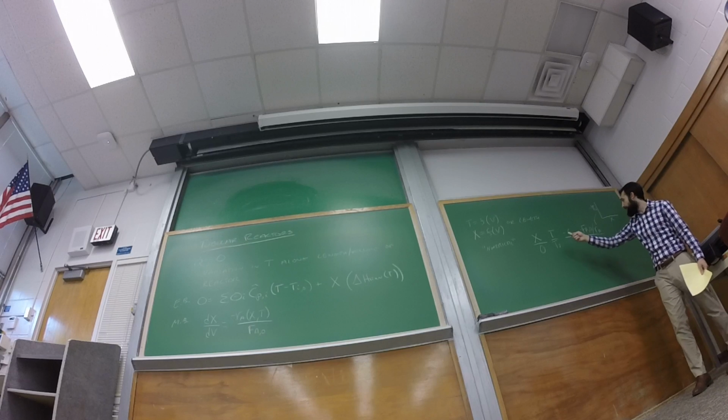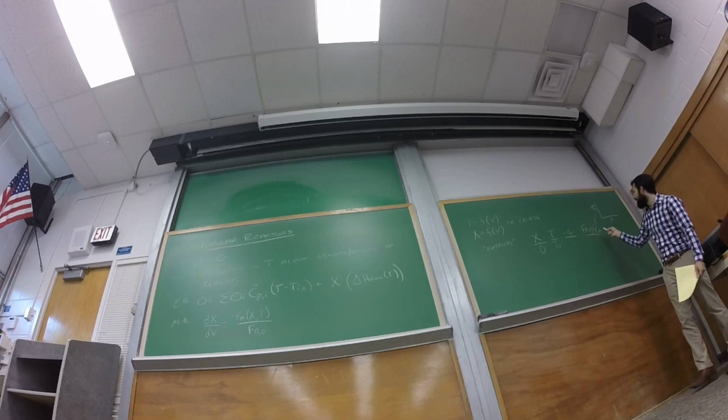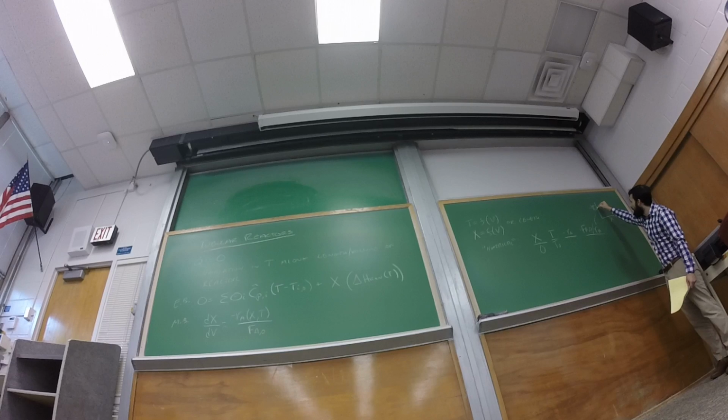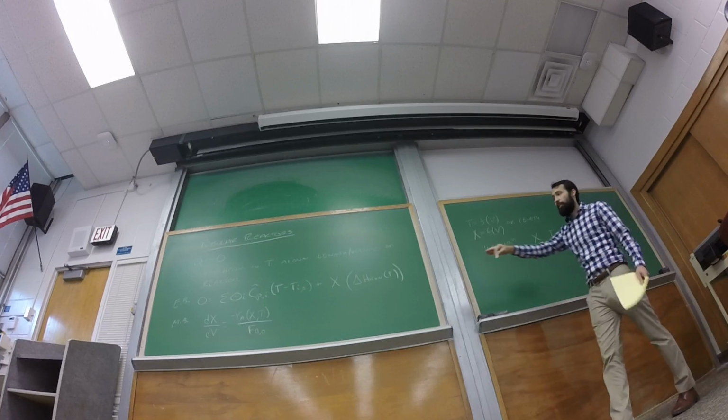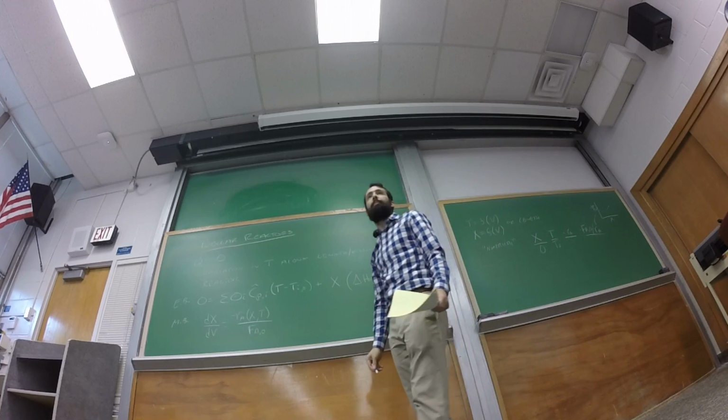You can see that you're going to get some value here, which is some point on this Levenspiel plot. And then you just keep going, and you can make the Levenspiel plot without solving this differential equation, right?